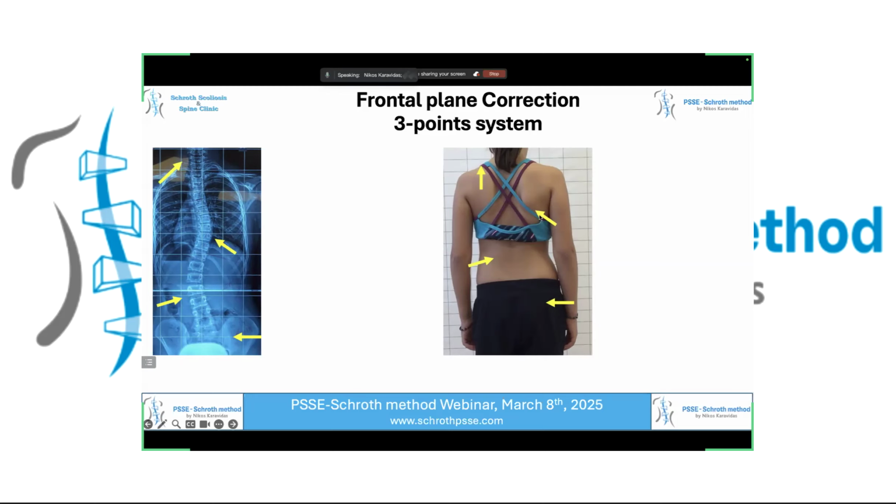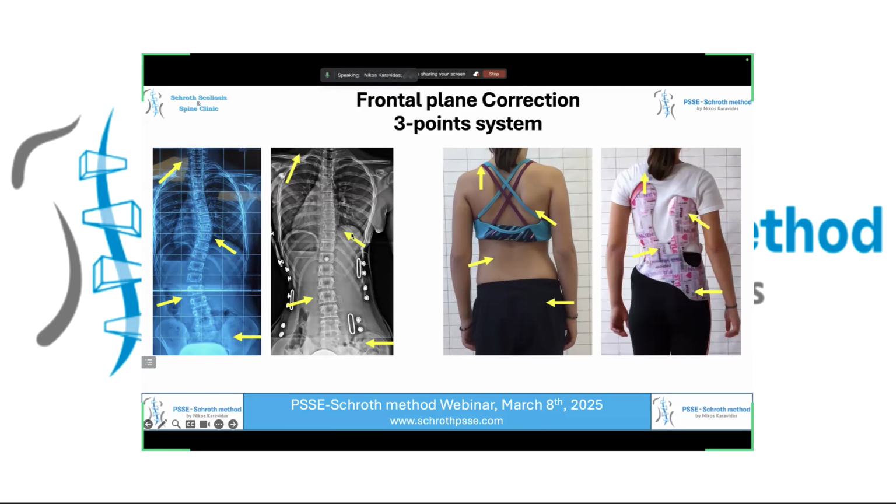We correct the thoracic curve, and we also need to rebalance the shoulders. These should be the pressures in the brace, and this is exactly what we had in this brace design for this patient, and we got a very nice correction of the curve in the brace, bringing everything into balance in the frontal plane.